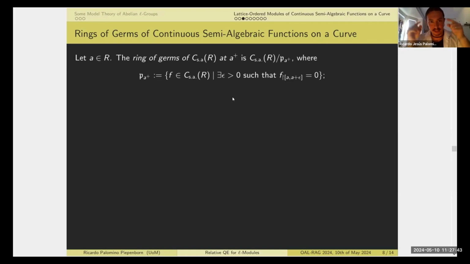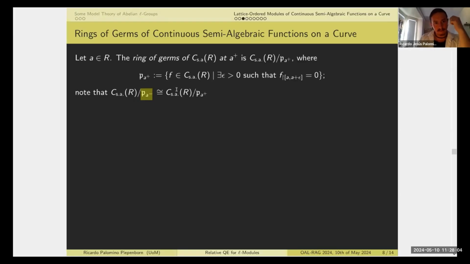And there's nothing special about approaching them from the right. You can also play the same game and approach them from the left, right? You can think about rings of germs of continuous semi-algebraic functions at A minus in an analogous way. And it's not very difficult to see that these two rings of germs are isomorphic as rings.